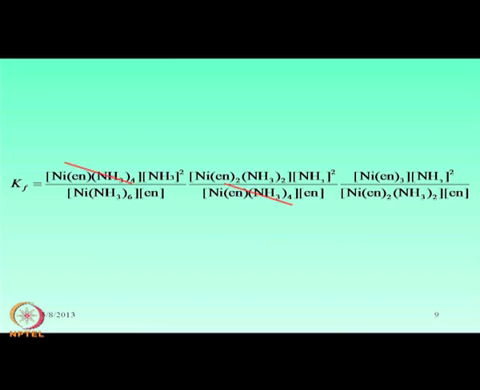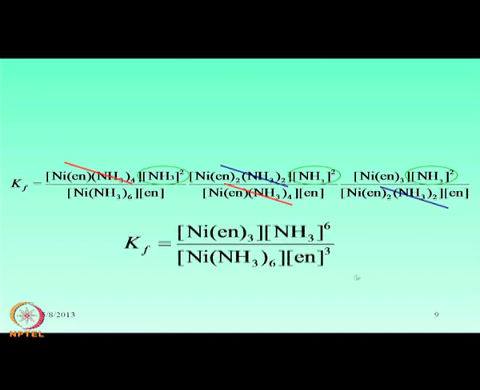So, there are some common things. These will cancel, and these are basically NH3 power 2, NH3 power 2 and NH3 power 2, which will give rise to NH3 power 6.